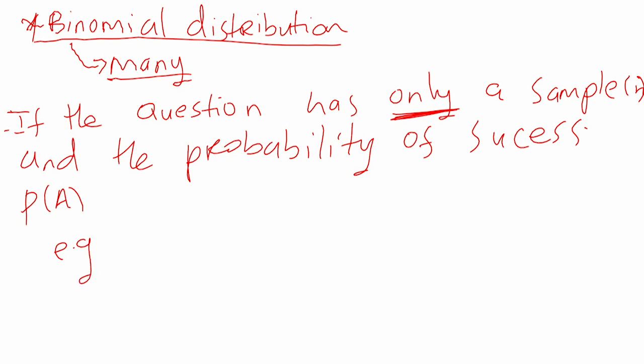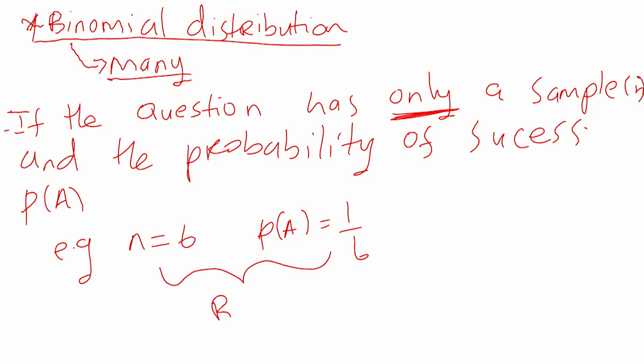Throwing a die, you are given n, which your sample space is 6. The probability of getting any number from a die is 1/6, right? You only have your sample and your probability of success. So if I'm only given these two, I'm dealing with binomial distribution.